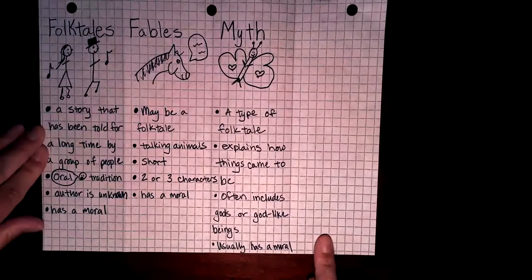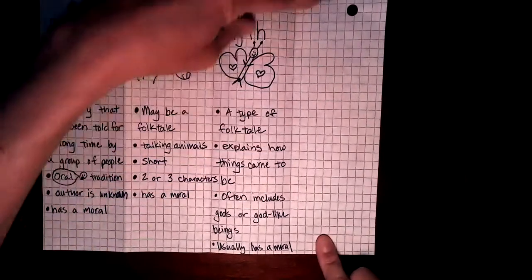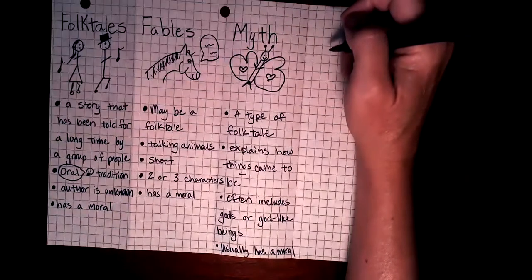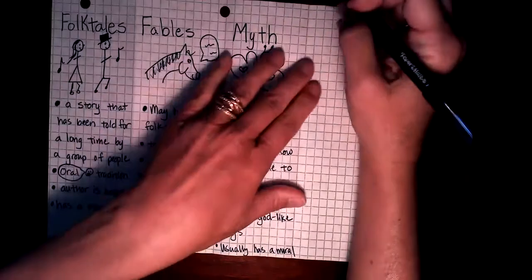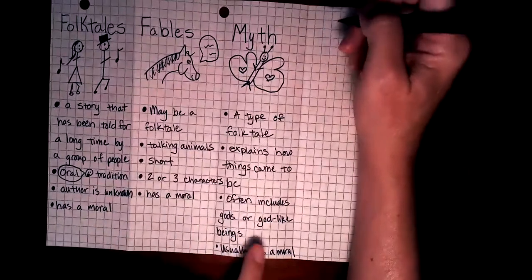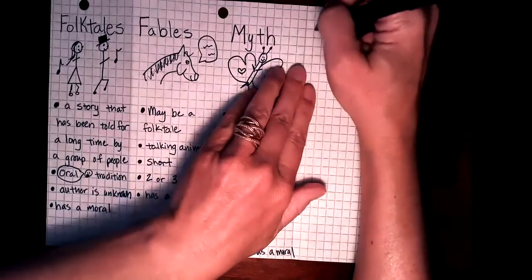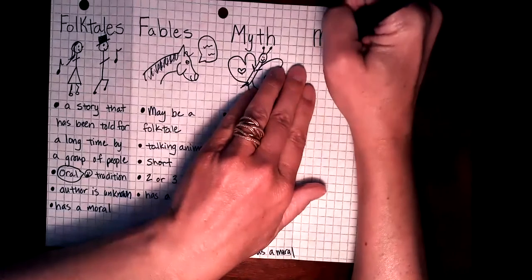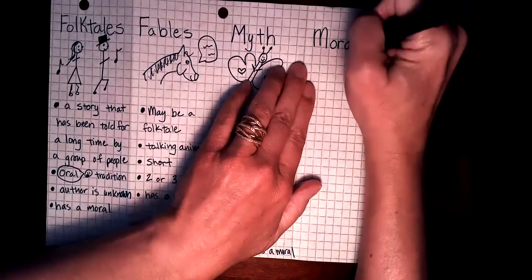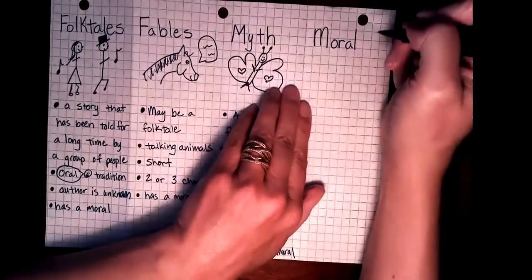Okay, so we have folktales, fables, myths. The last one I want you guys to write on is what a moral is. Because all of them have what in common? They all have a moral. So we're going to put in our last column here, moral. What is a moral?